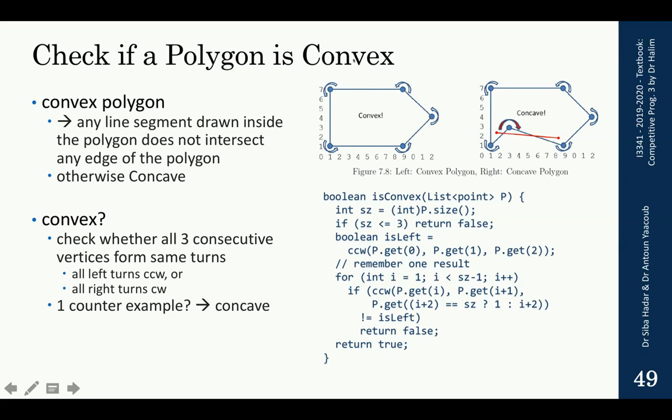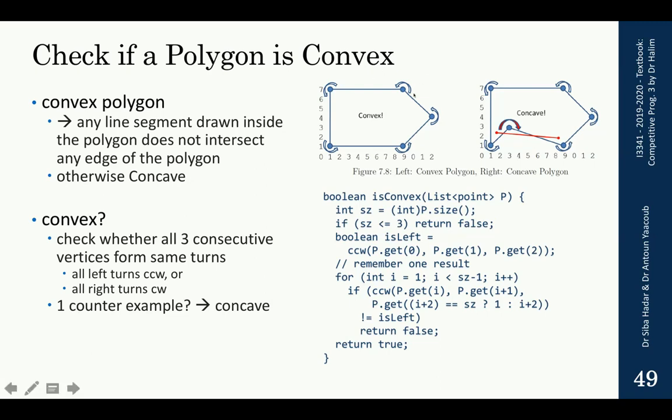Also, it is CCW. 3, 4, and back again to 0, it is CCW. So all the sets of 3 consecutive points taken form the same turn. They form the turn counterclockwise here. If they all form the clockwise direction, it is also good.